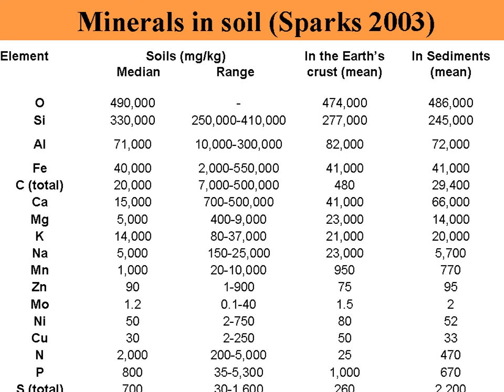But how do you get these nutrients that are present in every grain of sand, every bit of silt, every clay particle? How do you get those nutrients from these plant-unavailable forms into a plant available form?